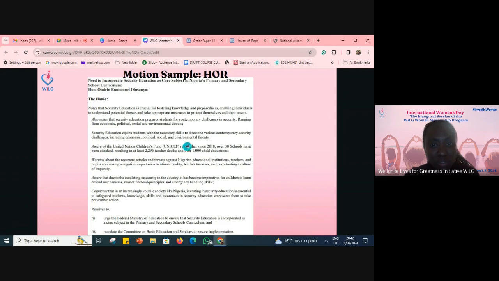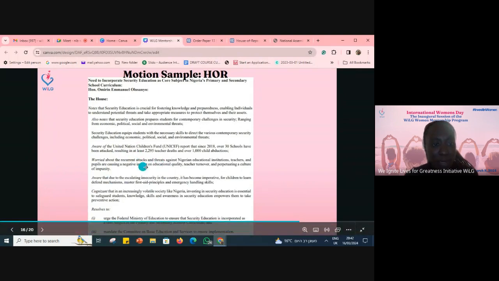So you're seeing the statistics coming again to say this is what is happening. Worried that the recurring attacks and threats against national education institutions, teachers, and pupils are causing a negative impact on educational quality, teacher turnover, and the perpetuation of a culture of impunity. So you're able to see what they are worried about.